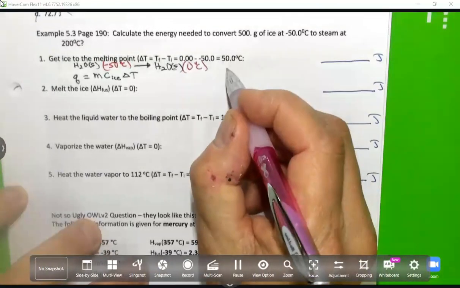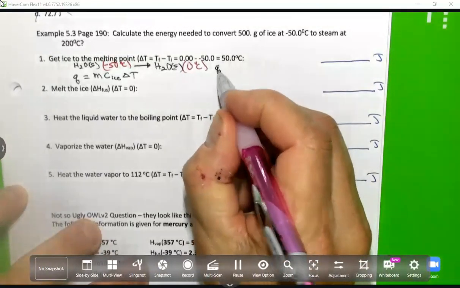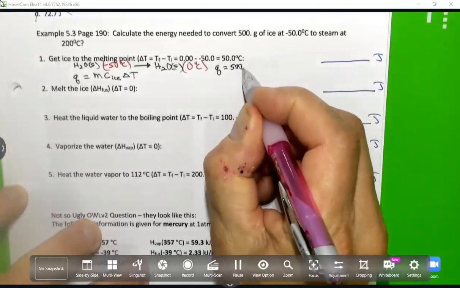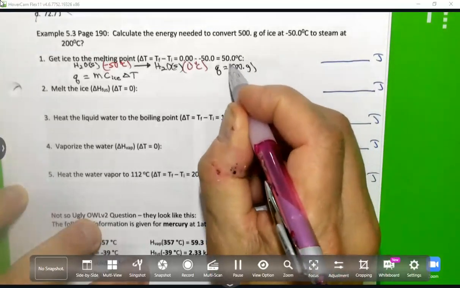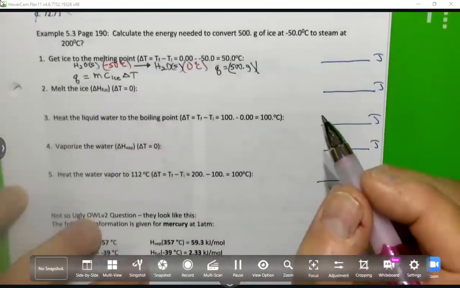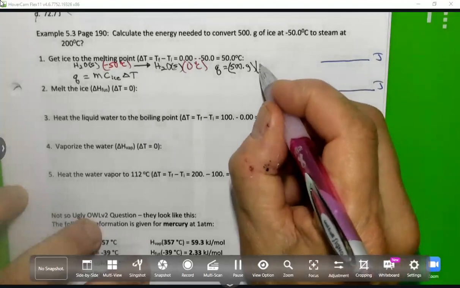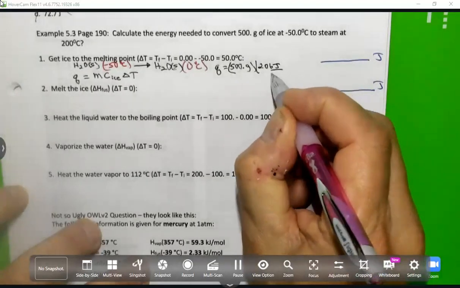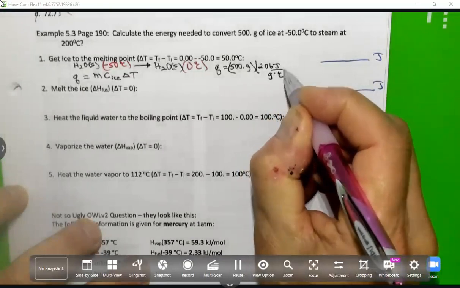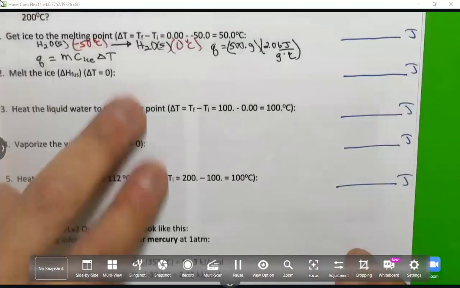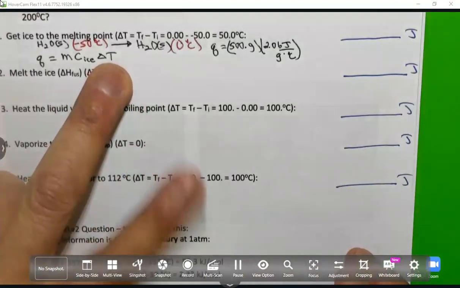All right. So in this case, we would have Q is equal to 500 grams. My specific heat of ice is 2.06. And my temperature change is going to be 50, right?